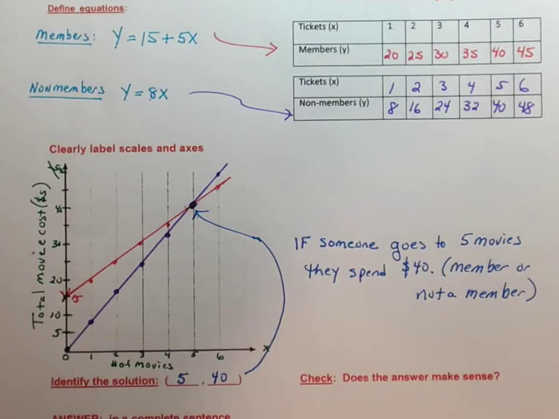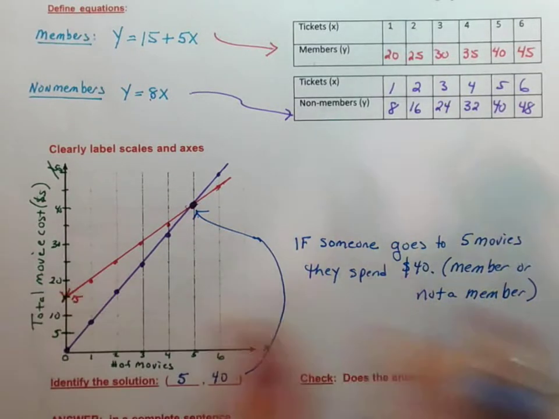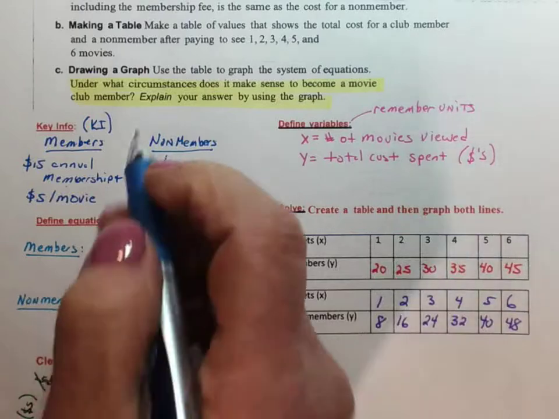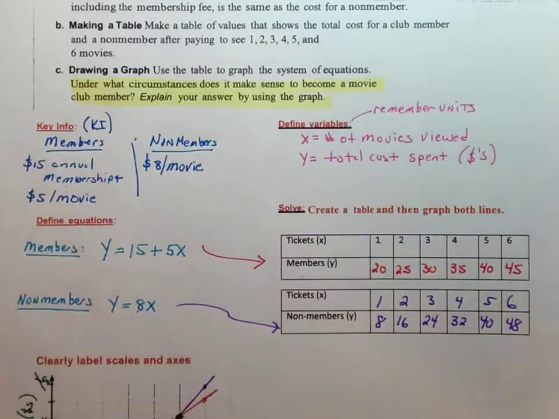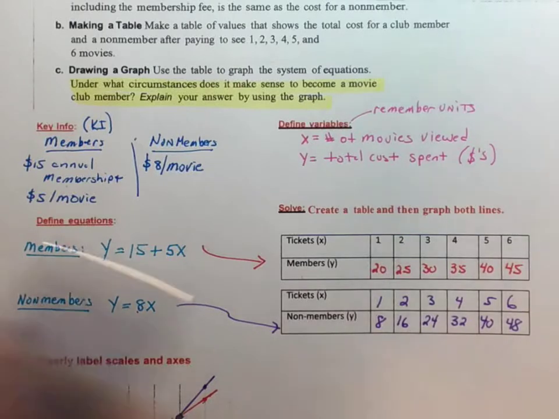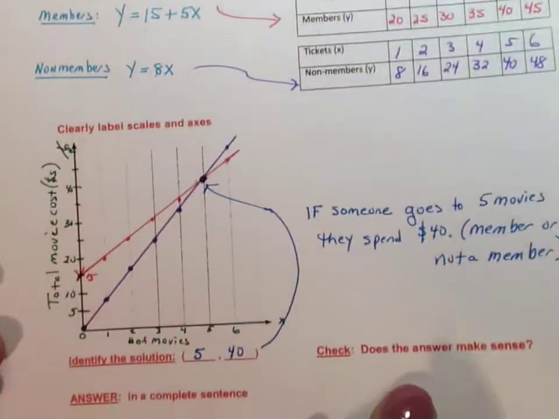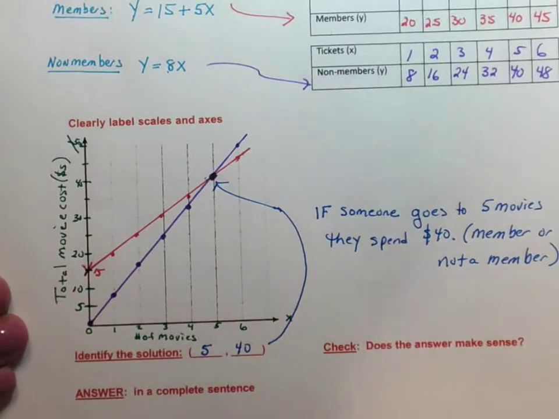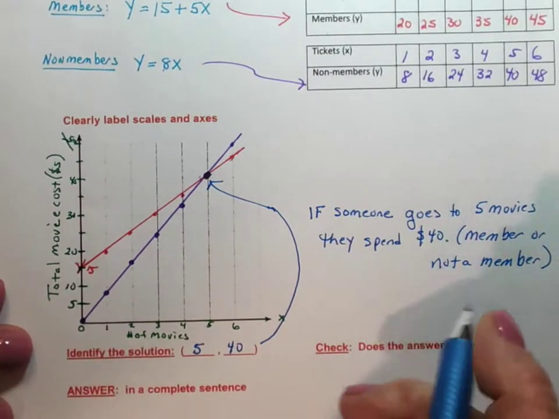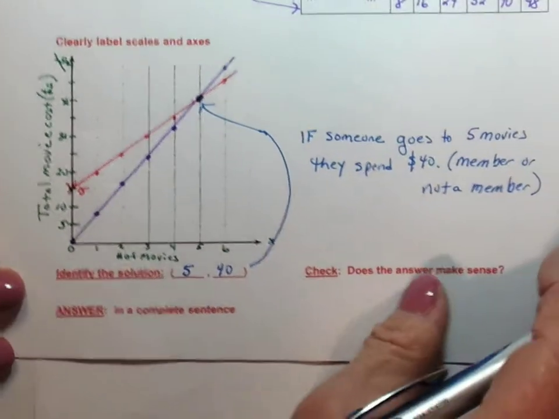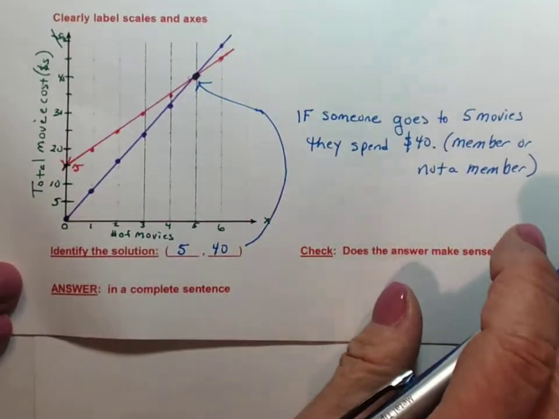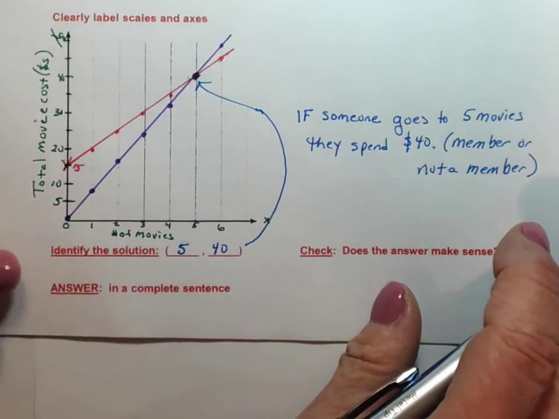Okay, so the question was, under what circumstances does it make sense to become a movie club member? Think about that for a minute. It would make sense to be a movie club member if you go to more than 5 movies.